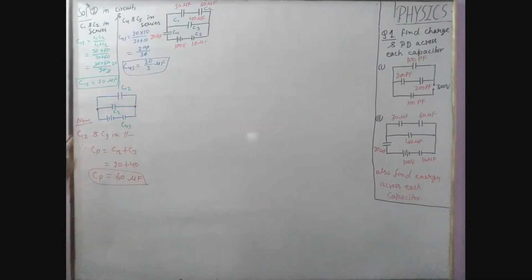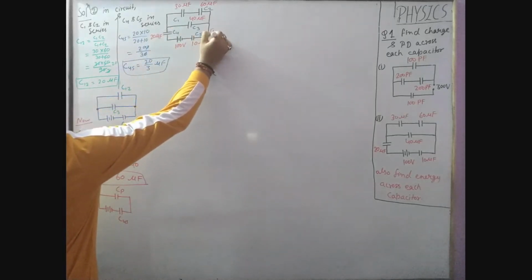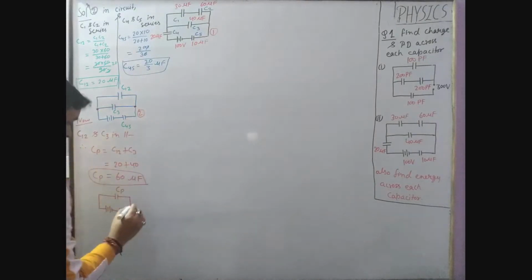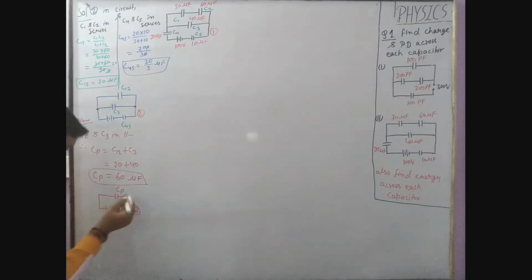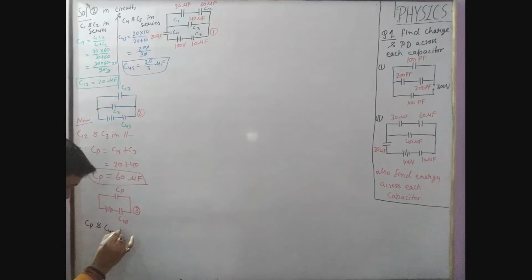Okay. Now the circuit is reduced to CP and C45. Now you can easily here this is first situation, this is second situation, and now this is third situation. Here you will easily calculate that CP and C45 in series.